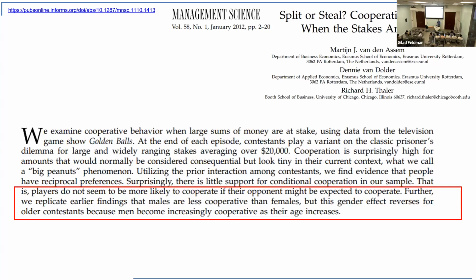But some of the highlights are that here further, we replicate earlier findings that males are less cooperative than females, but this gender effect reverses for older contestants because men become increasingly cooperative as their age increases.